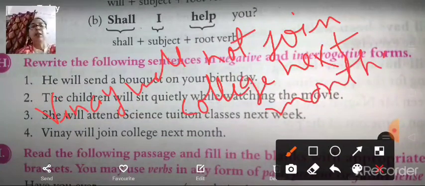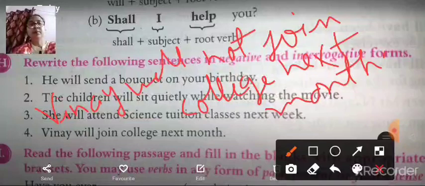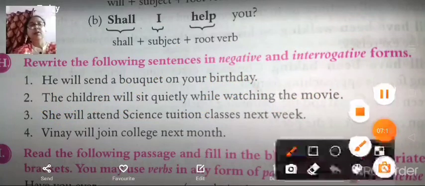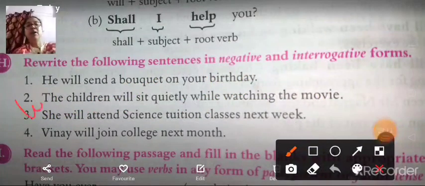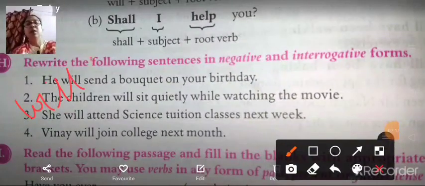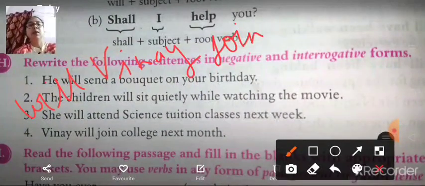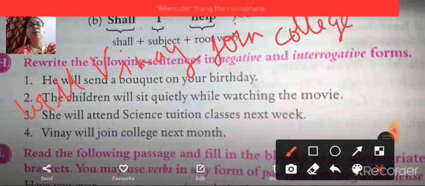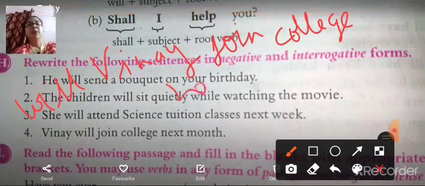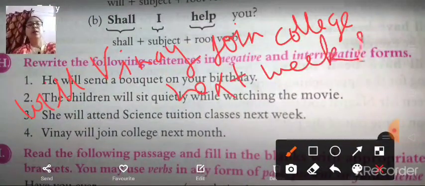Now in interrogative form, will Vinay join college next week? Question mark.